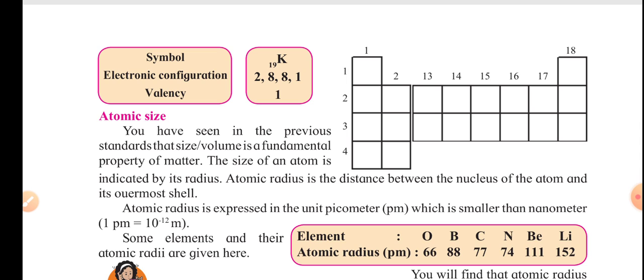Means if we are considering the second period, by moving from left to right, in group 1 there is one electron, in group 2 in the same shell there are two electrons, in group 3 in the same shell there are three electrons.